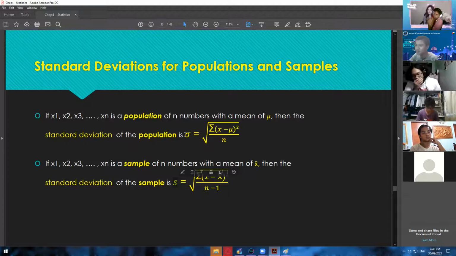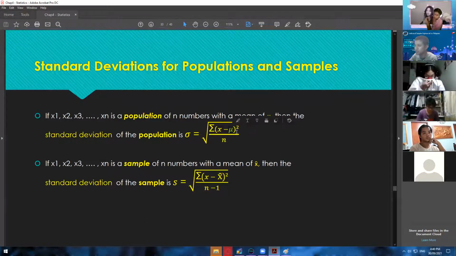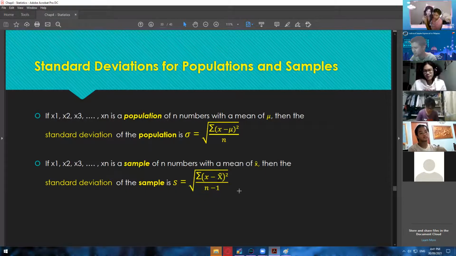As you can see, since we're talking about population, we should use the symbol of the mean of population, which is mu. And for the sample, the mean is x bar. So do take note of those differences, mu and then x bar, and then n minus 1, and then of course their symbols.